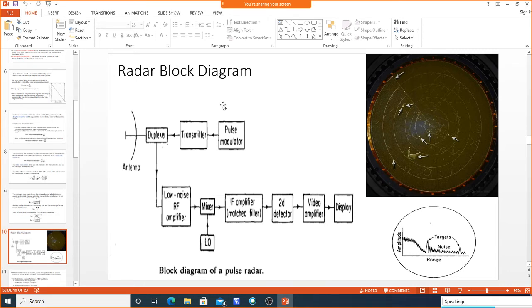The pulse width used for transmission is on the order of microseconds. The pulse repetition frequency, when you transmit the pulses serially, is in the hundreds of pulses per second. That is the specification for the transmitter.